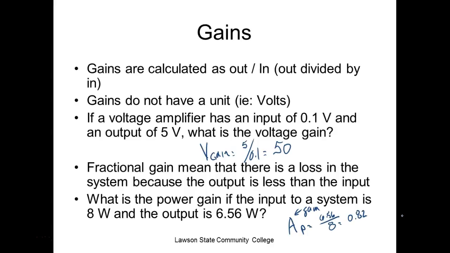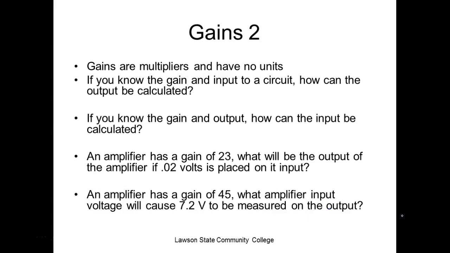Okay, are we okay? All right, there's the answer, 0.7. Gains are multipliers and have no unit. If you know the gain and the input to a circuit, how can the output be calculated?